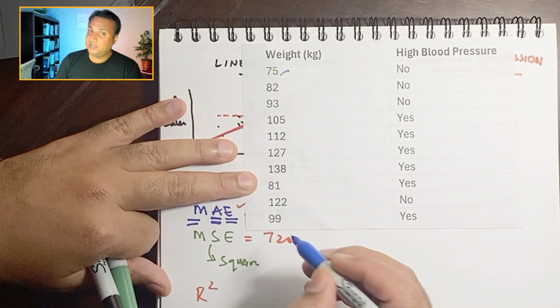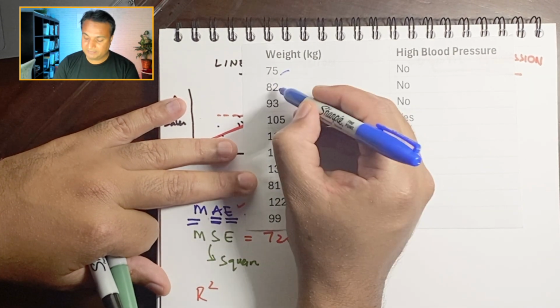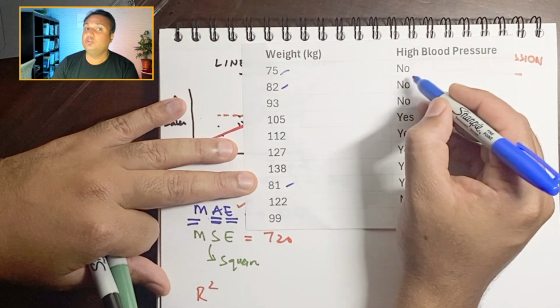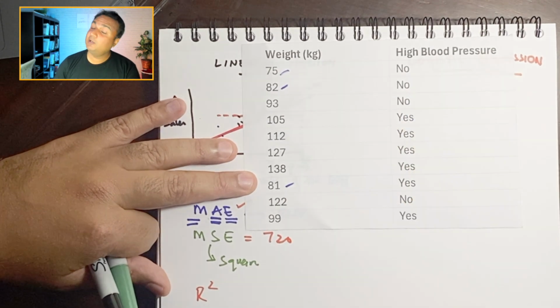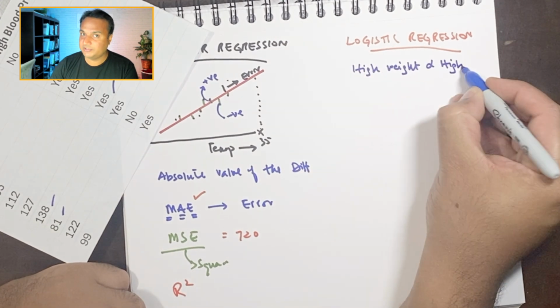We can see that there is a trend for people who are low on weight, for example, 75 and 82 and 81, most of them do not have high blood pressure. But for people who are high on weight, for example, 138 kgs, they do have high blood pressure. So we know there is a trend line, we know there is a correlation, and high weight leads to high blood pressure.